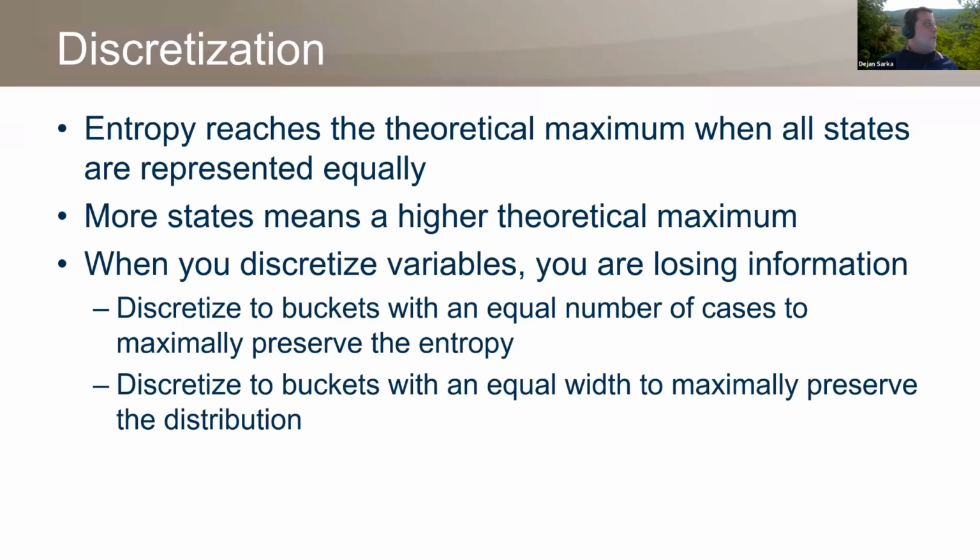Now, what about equal width or equal range discretization? Is it also useful? Yes, this could be useful because it preserves the shape of the distribution. So you might want to represent a continuous variable with a histogram, then you do equal width discretization, otherwise you lose the shape of the distribution, and this is what we have already done.